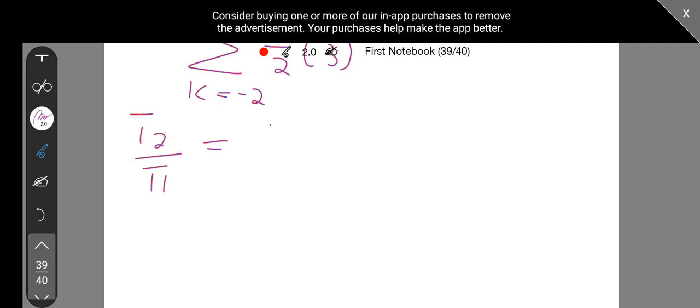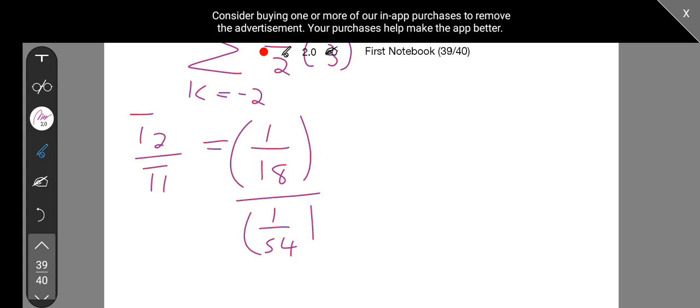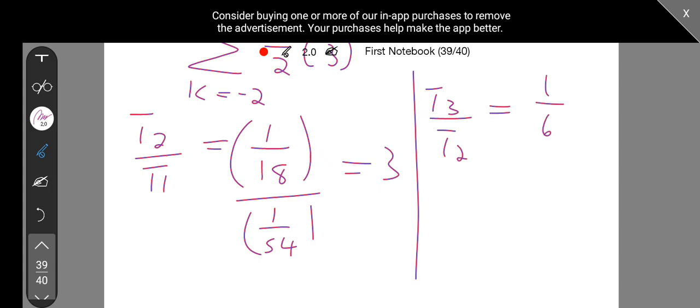T2 is 1 over 18, and we divide 1 over 18 by T1, which is 1 over 54. If you do that, you get an answer of 3. Then we do T3 over T2. This is 1 over 6 divided by 1 over 18.